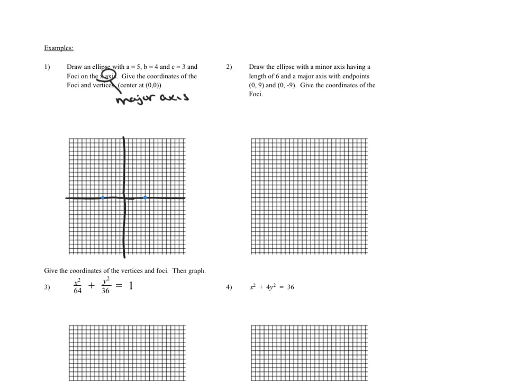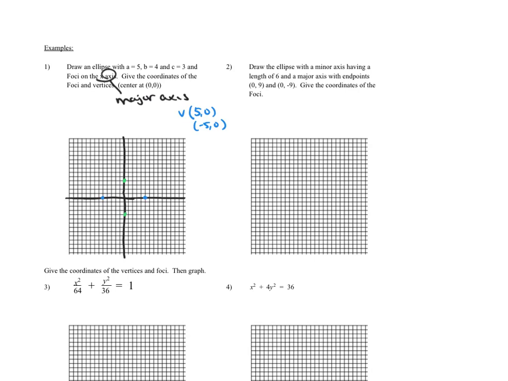So we can go ahead and write that our vertices will be at (5, 0) and (-5, 0). The b value of 4 means that our co-vertices, which we're not asked to list, but we can still draw in to help us graph it, will be 4 up and 4 down from the center or the origin.